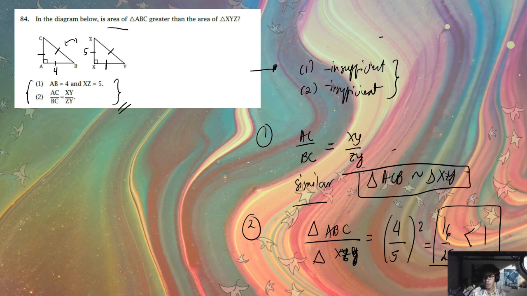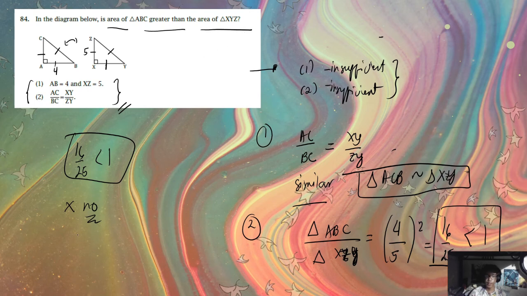But it turns out that the ratio of these two triangles, with ABC being the first triangle and XZY being the second triangle, is 16 over 25, which is less than 1. So therefore, no, it cannot be said that triangle ABC has a greater area than XYZ. So the answer here is no.